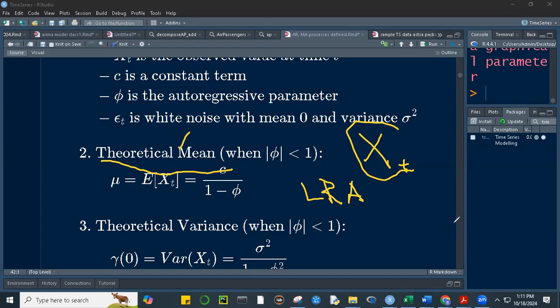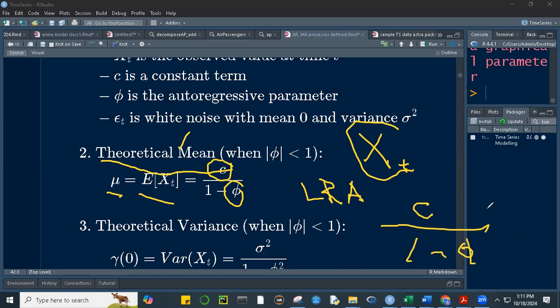theoretical mean. And how do you compute for the theoretical mean? If you know C, class, if you know the constant, and if you know phi, then your theoretical mean, the expected value of x sub t, is equal to your constant divided by 1 minus your phi.